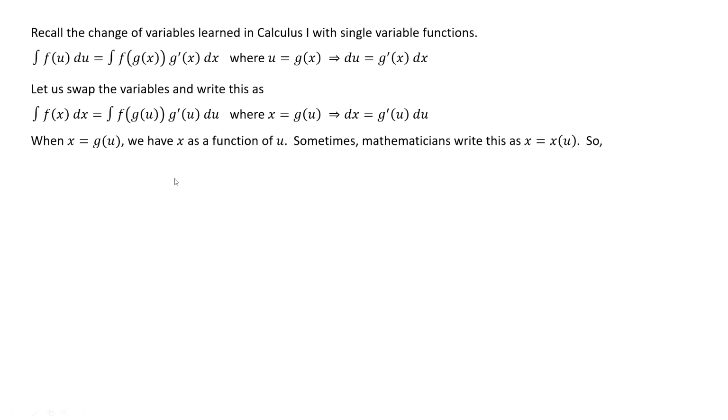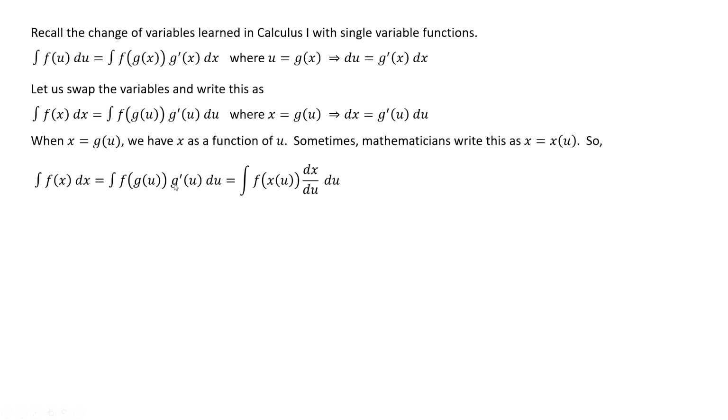Okay. So if we adopt that notation, then we can say the integral of f of x dx is nothing but earlier stuff. However, we can look at this as f of, instead of a g of u, we'll look at it as x of u. Right? That should make sense, because g of u is nothing but x. X in this case is x of u. So g of u is x of u.